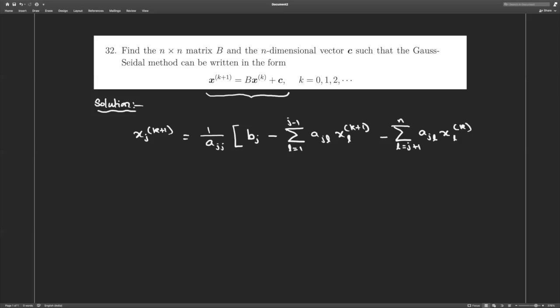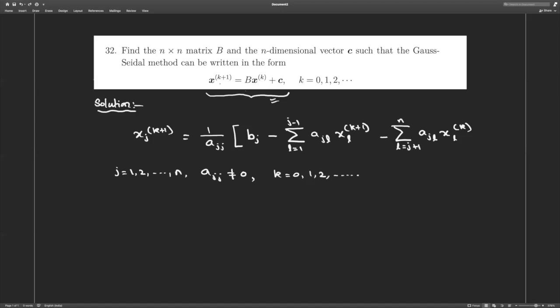So you have x l k, and this should happen for all j equal to 1, 2 up to n. Remember, a jj should not be equal to 0. These are all something which we always assume when we are building the methods of this form. And also we have k is equal to 0, 1, 2, and it will keep on going like this.